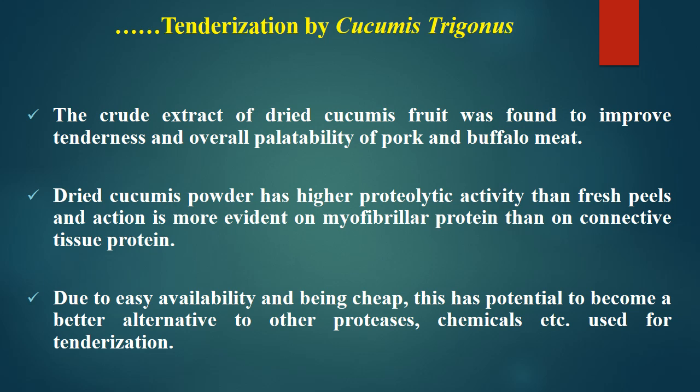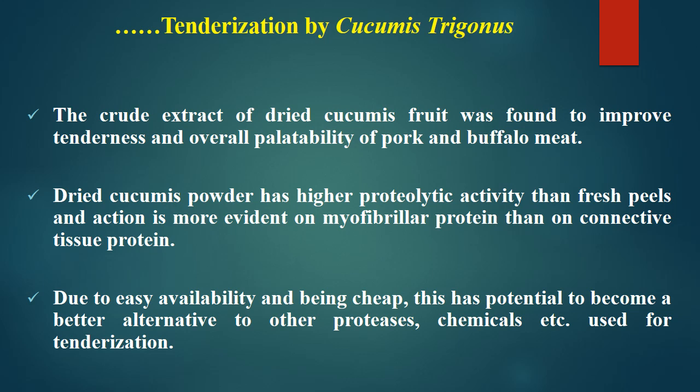So in continuation, some more details about the activity of Cucumis trigonus. The crude extract of dried Cucumis fruit was found to improve tenderness and overall palatability of pork and buffalo meat. So firstly, it was found that the extract of dried Cucumis fruit was very effective as a tenderizer in pork and buffalo meat. Similarly, dried Cucumis powder. So earlier they used the extract, then they used the Cucumis powder. It has higher proteolytic activity than fresh peels, and the action is more evident on myofibrillar protein than on connective tissue protein.